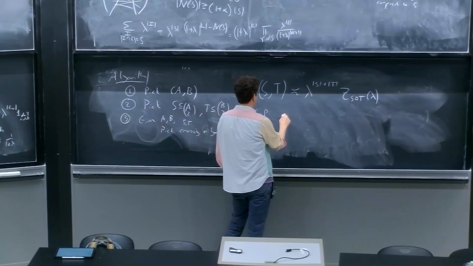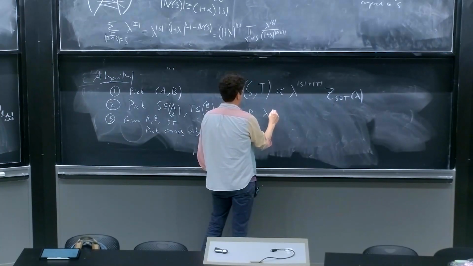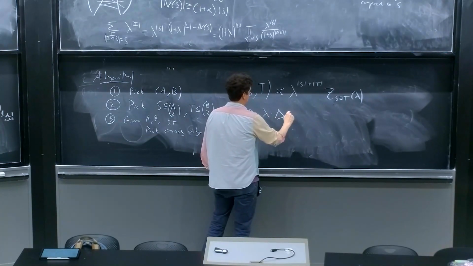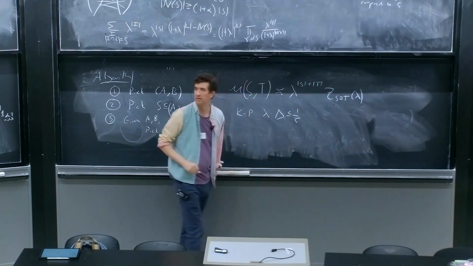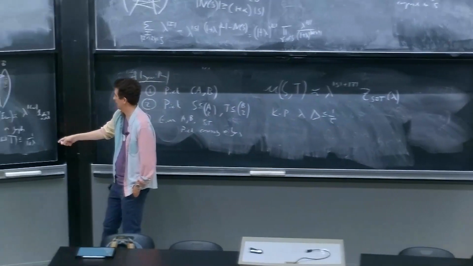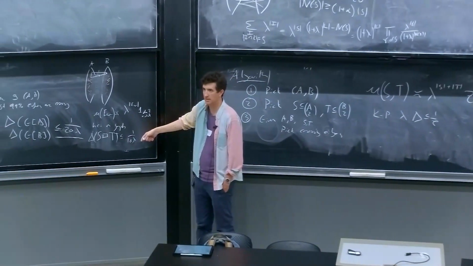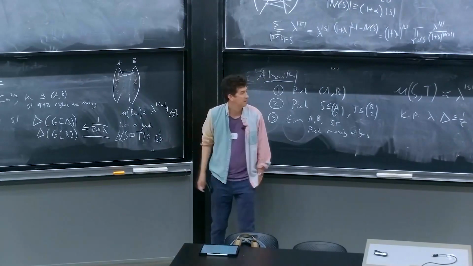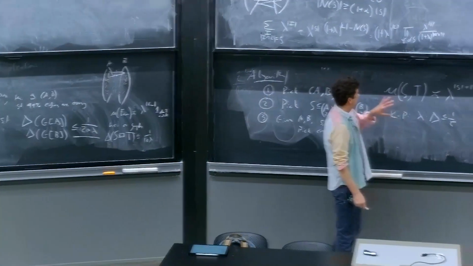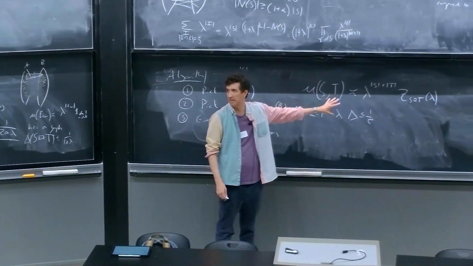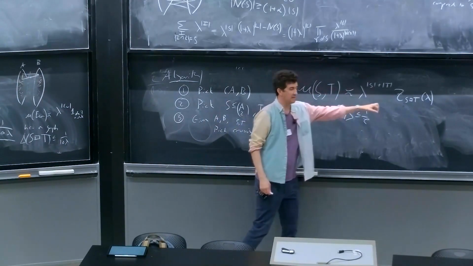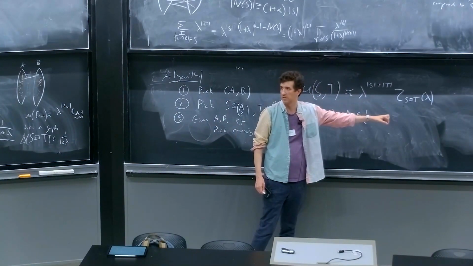Cluster expansion converges if lambda times max degree is at most 1 over e. Well, this is great. Lambda times max degree is at most 1 over 10. Okay. So by assuming that S and T have small max degree, now this has a convergent cluster expansion.